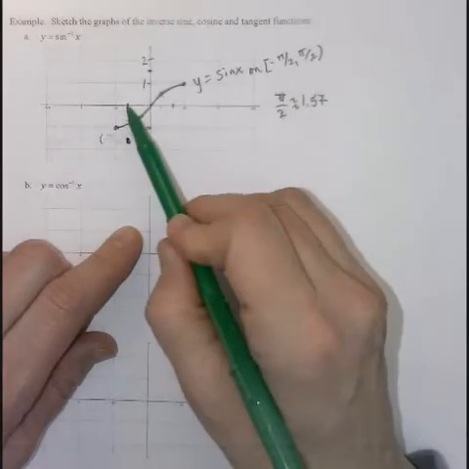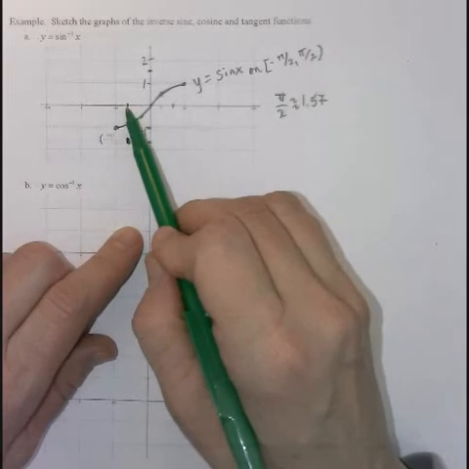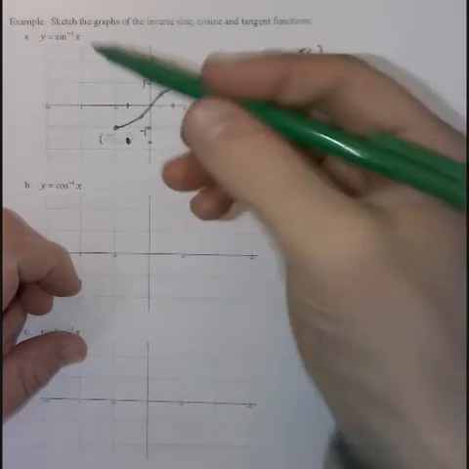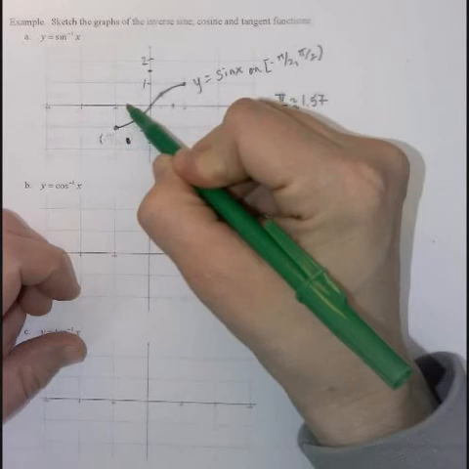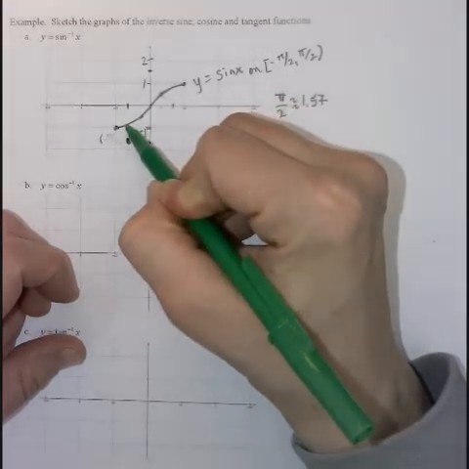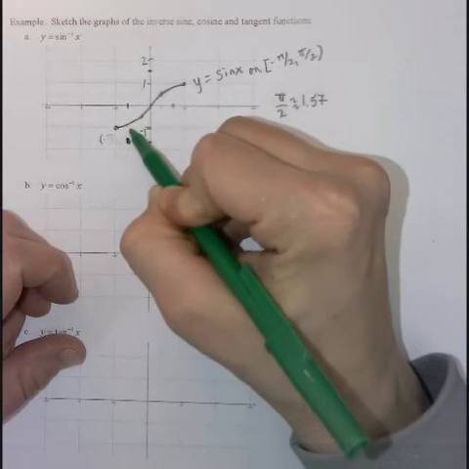The sine of pi over 3 is square root of 3 over 2, which is about 0.9. So negative pi over 3, negative 0.9 becomes negative 0.9, negative pi over 3.